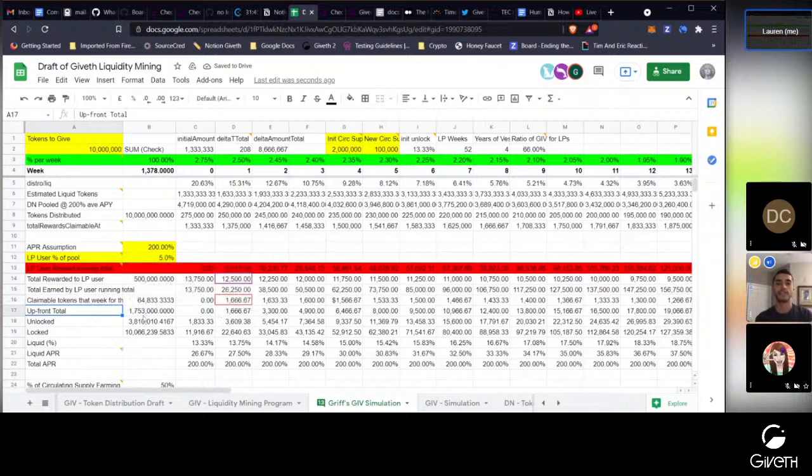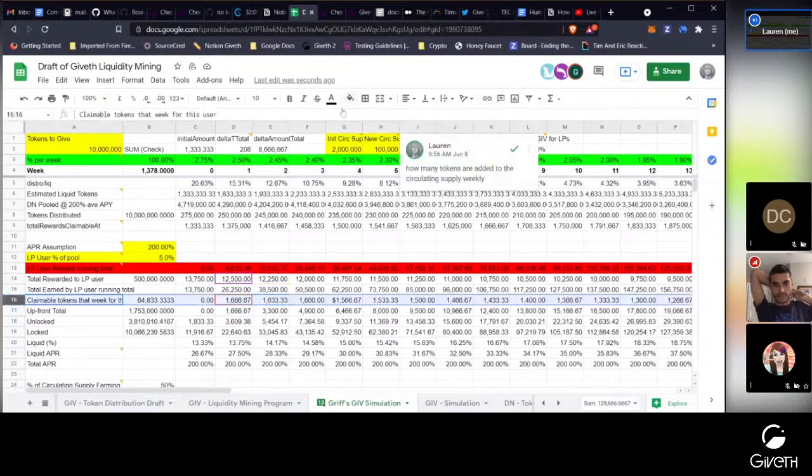And I imagine we're just using the initial unlock, even though every week that unlock percent changes. Do we? Let's see. It's just the hard coded. Yeah. So this is wrong. I need to fix that. Okay.